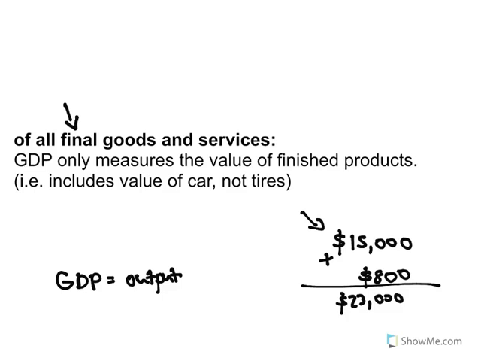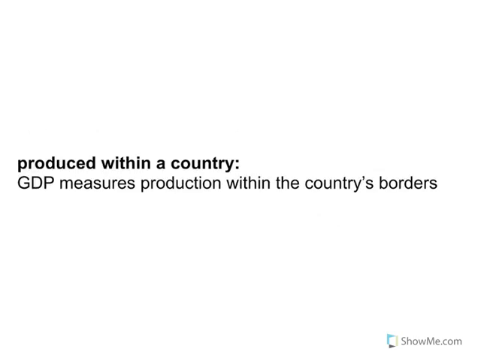So GDP is the total value of all final goods and services produced within a country. GDP measures production within the country's borders. Anything that's produced inside the country's borders is included. So for example, we could have a foreign company like Honda here, and let's say they make a car, and they make that car inside the United States.